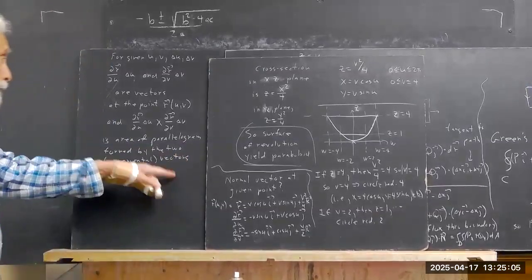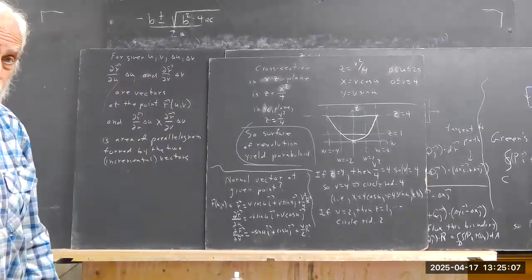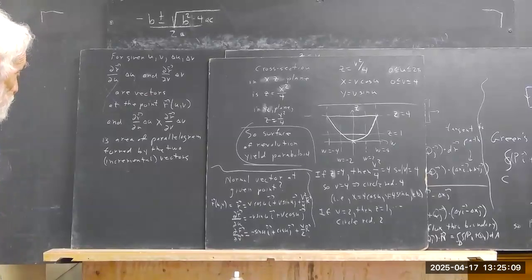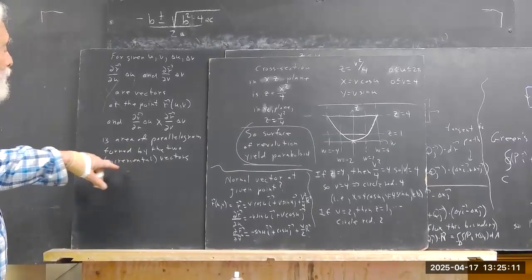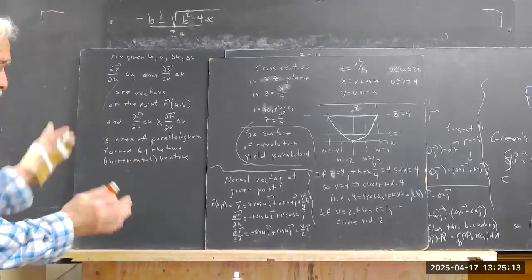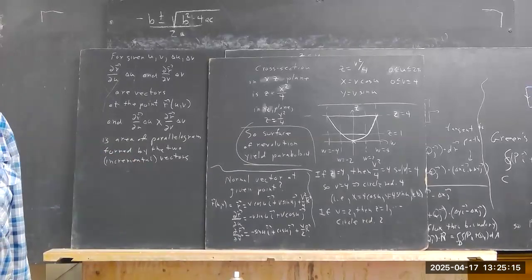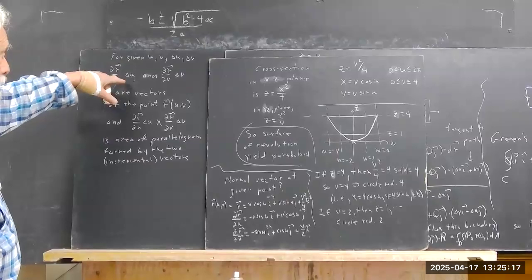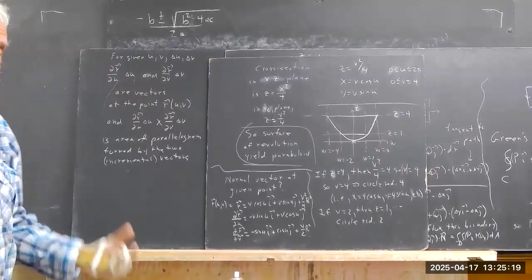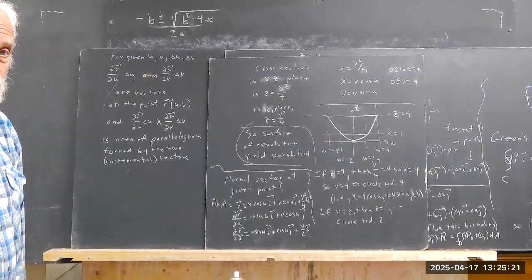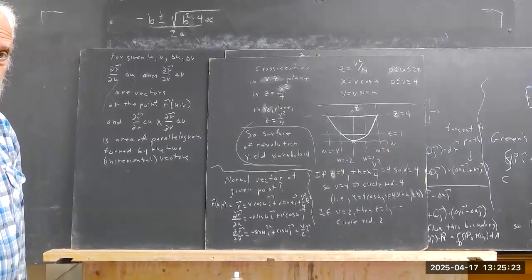Now, what do I mean by the two vectors? I mean this vector and this vector, right? And I use the word incremental in parentheses because we're going to think of, well, let delta U and delta V approach zero. Okay.